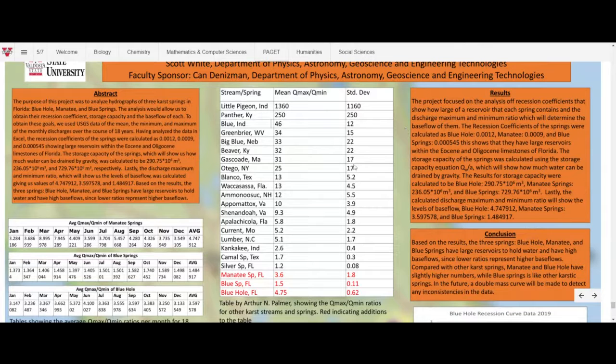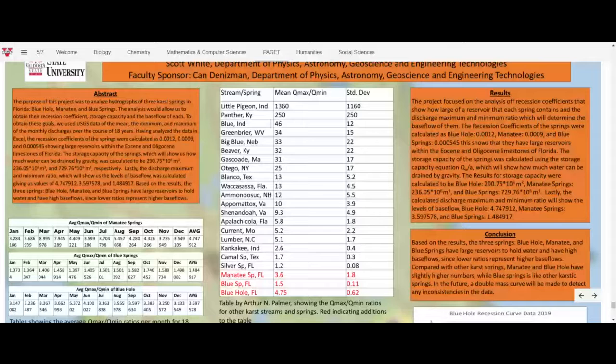We found out that most of our data were actually large, like our recession coefficients. They may look small in our data, but they actually represent higher reservoirs that could hold more water. We also looked at the maximum and minimum values of each spring. These helped us determine the base flow, so how much water can flow in and out of them at a given time.